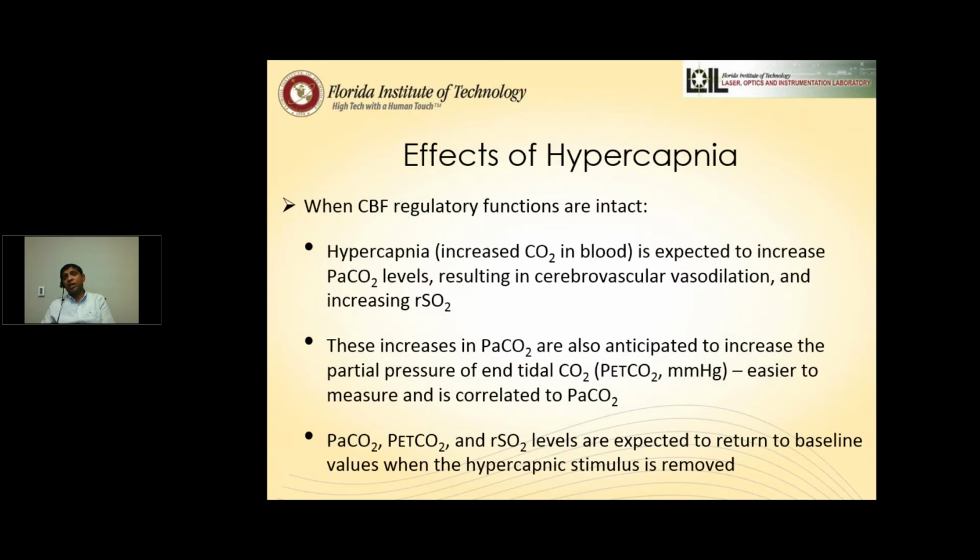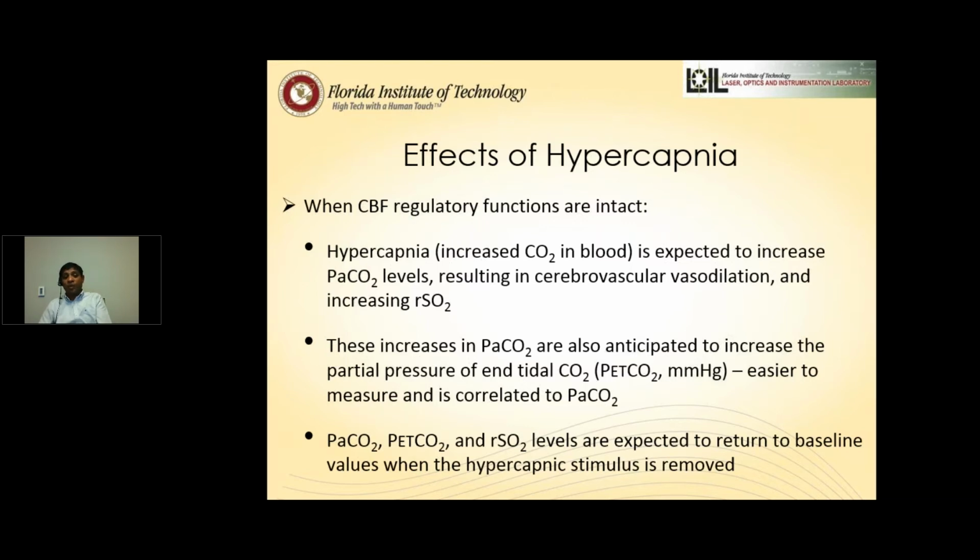So how are you able to do that first in a lab setting? When NASA wants to do space research, the first step is ground research. One way to do that is to induce hypercapnia. What is hypercapnia? It's basically nothing but increased CO2 level in your body.